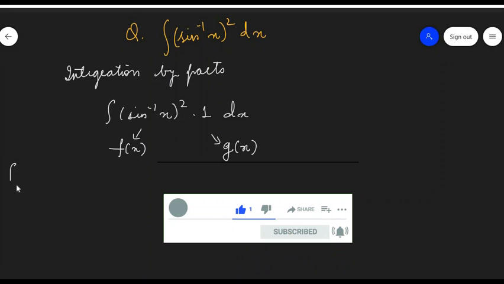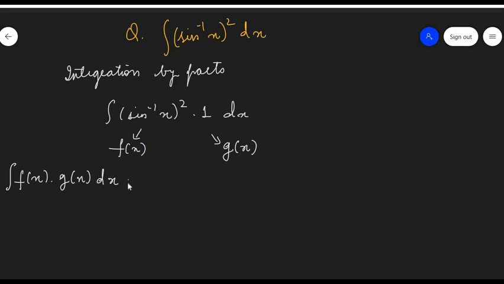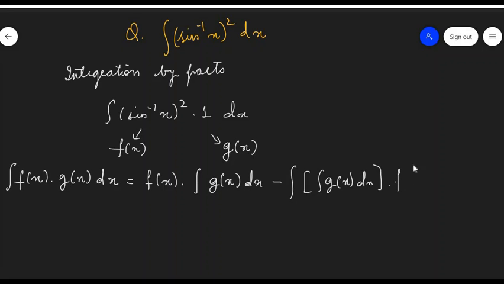We know that integration by parts says the integration of two functions f(x) × g(x) can be calculated as the first function into the integration of the second function, minus the integration of the integration of the second function, that is g(x) dx, into the differentiation of the first function, and whole dx.